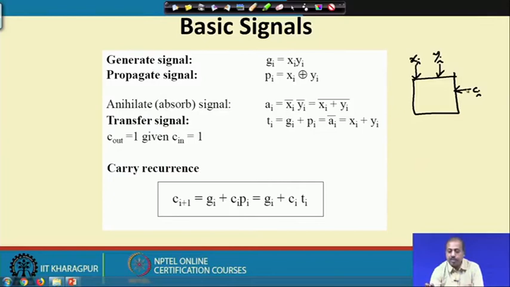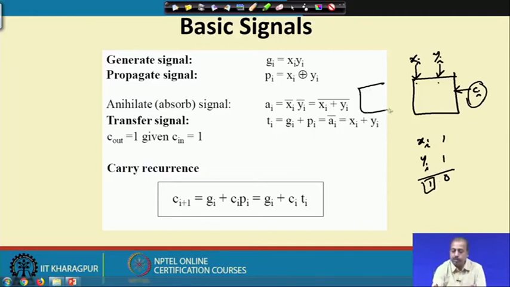The carry will be generated when xi and yi both are equal to 1, irrespective of whatever be the carry coming from the previous stage. So, this carry will be generated from this stage.